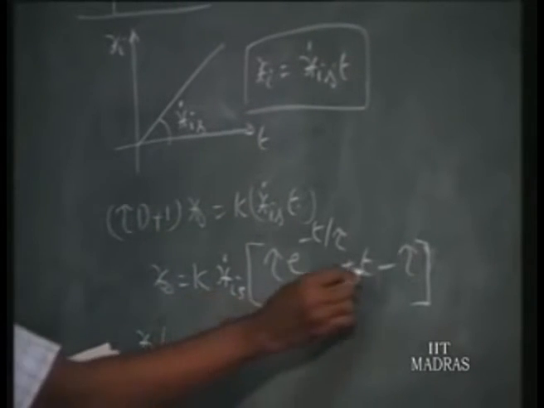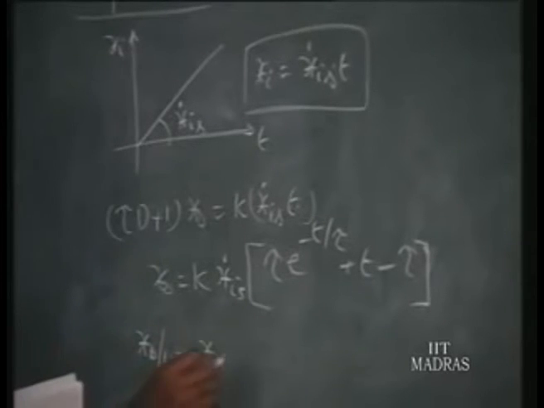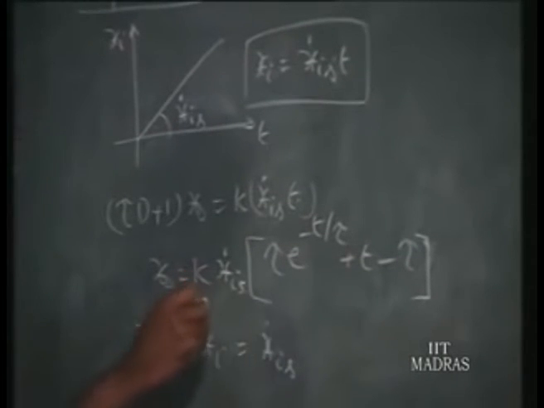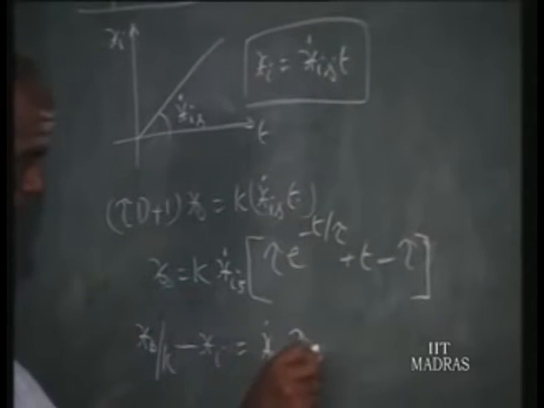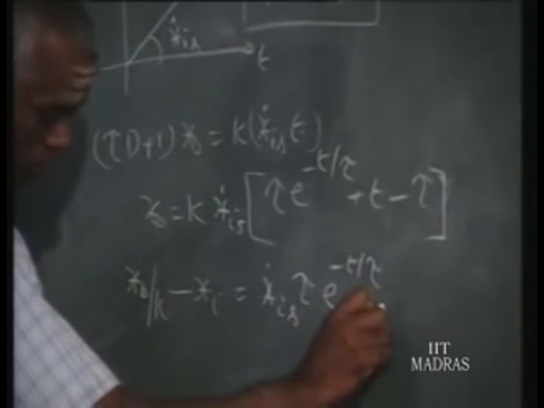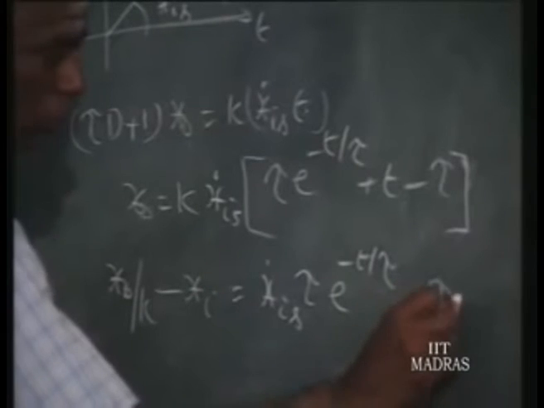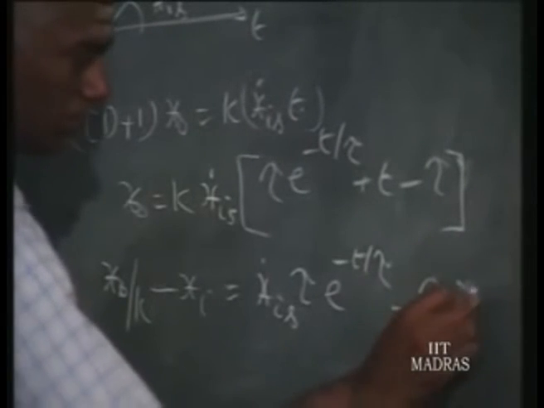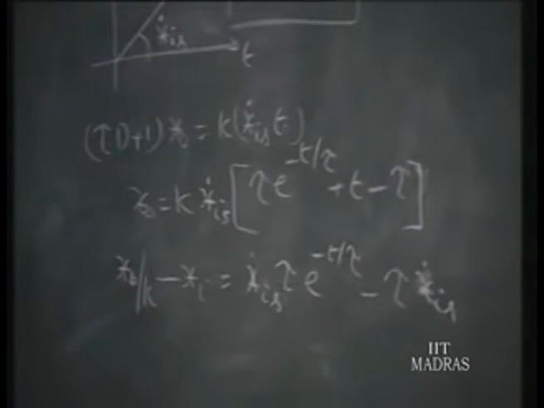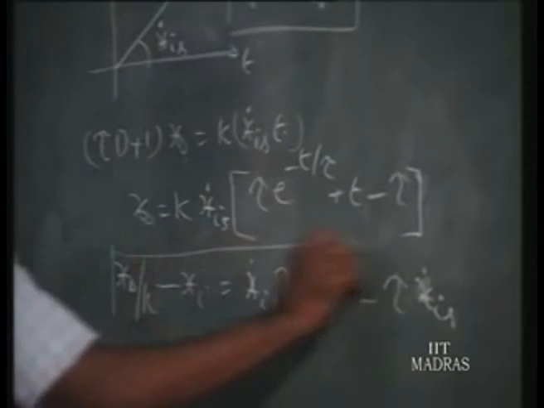Then ẋis into t will be xi. That is brought this side as xi, and the remaining terms are ẋis into τ e to the power of minus t over τ, minus τ into ẋis. So this is the final form.